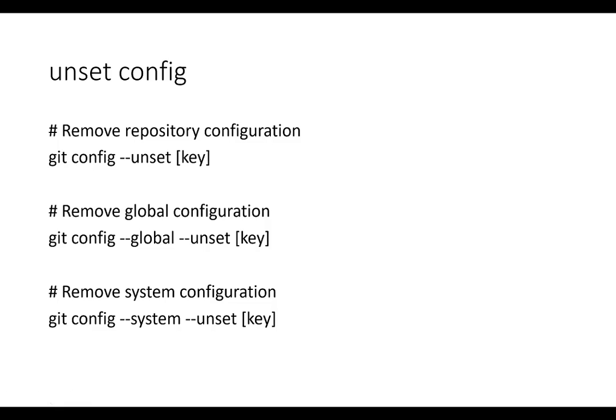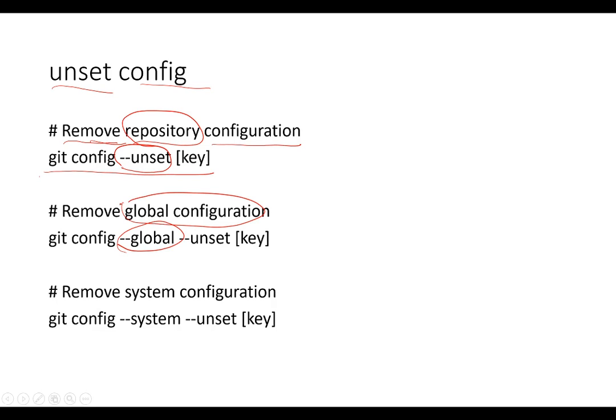You can also unset some configuration, that means remove some configuration, using this option, unset. This command removes repository configuration, this option removes global configuration, and this option removes system configuration.